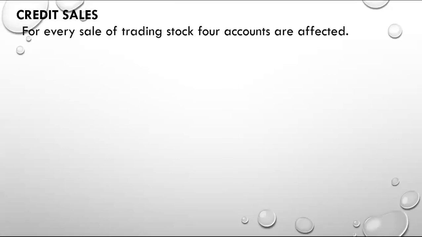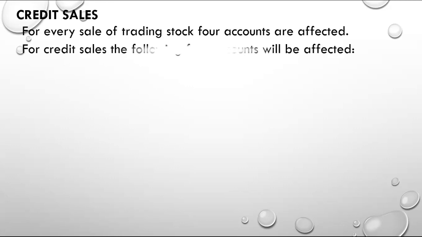When we sell goods on credit, please note that 4 accounts will be affected. And these are the 4 accounts that will be affected. We debit debtors control at selling price. Debtors control is an asset. The fact that a customer bought goods from us on credit means that that customer will be owing us more.